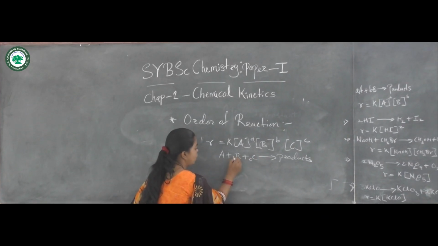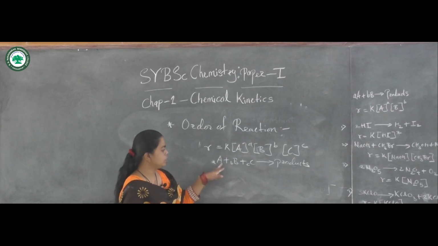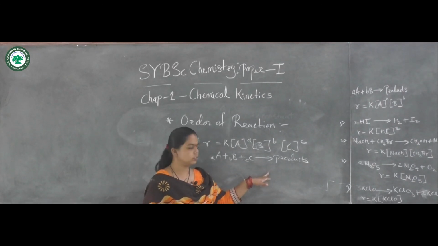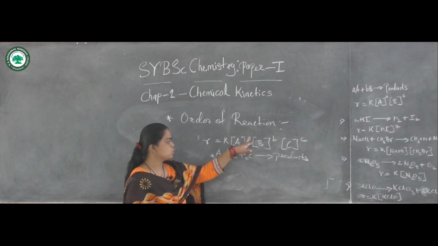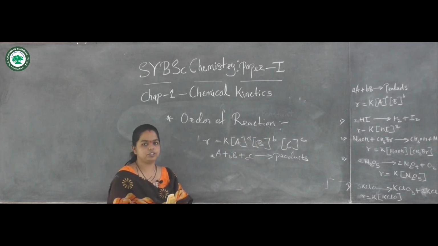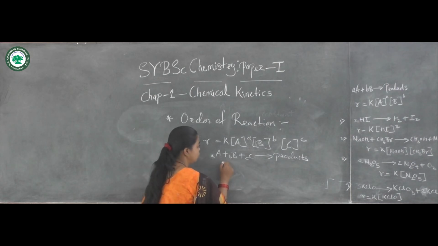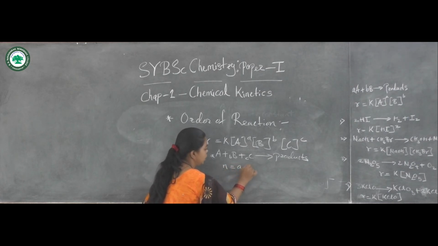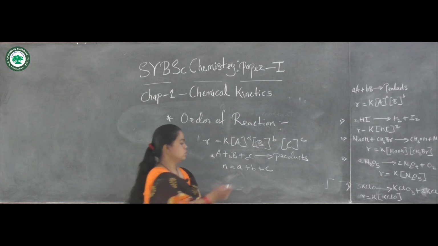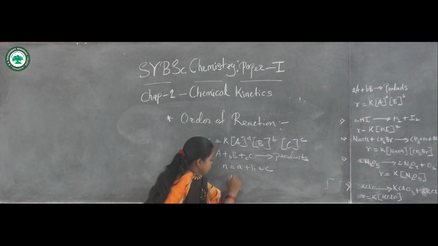So these small a, b and c are the coefficients of the reactants, and they become the exponents in the rate equation. So the overall order is n equals a plus b plus c, the overall order of the reaction.